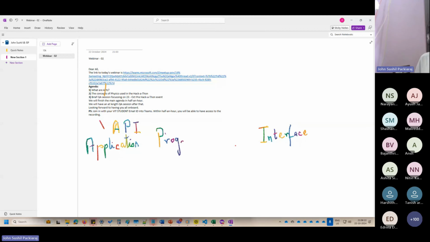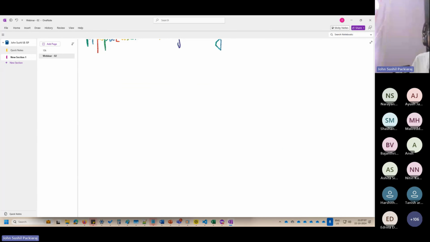You will find that there are many application programming interfaces. I have this application OneNote, which is basically a Microsoft Office tool. Suppose I want to draw a straight line. Instead of opening it and drawing, I can just say that this point is 0, 0, and till 10, 0, I want a line drawn.